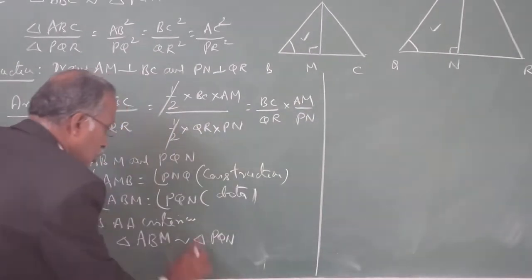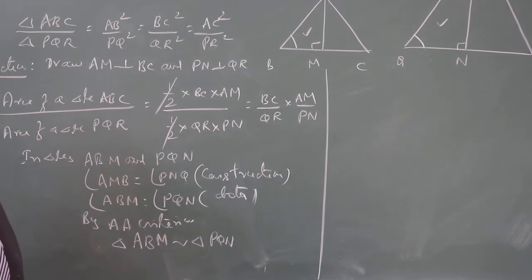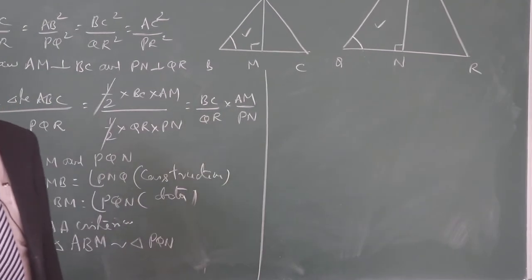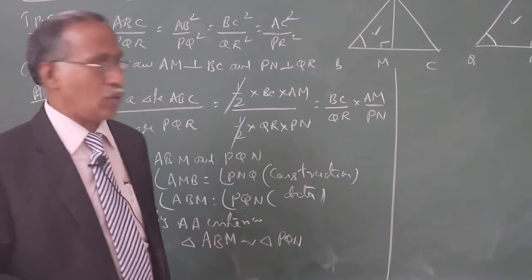Fine. When these two triangles are similar, as we have discussed earlier, they are equiangular, and corresponding sides are said to be in proportion.